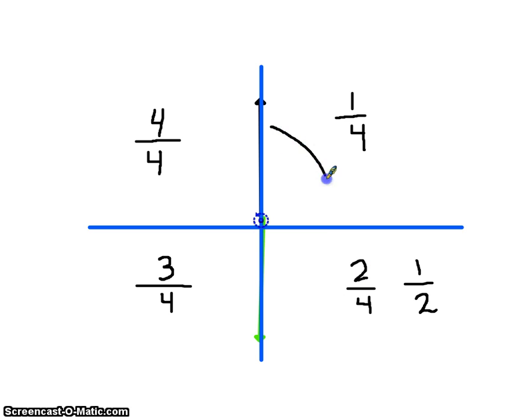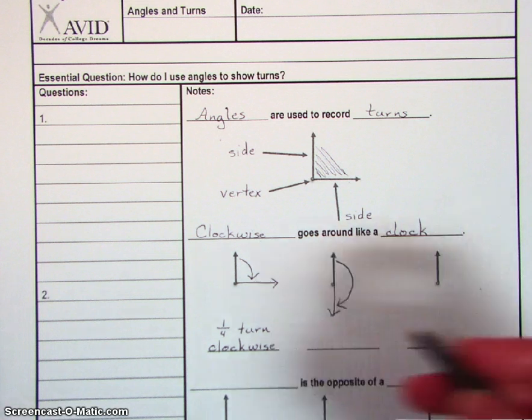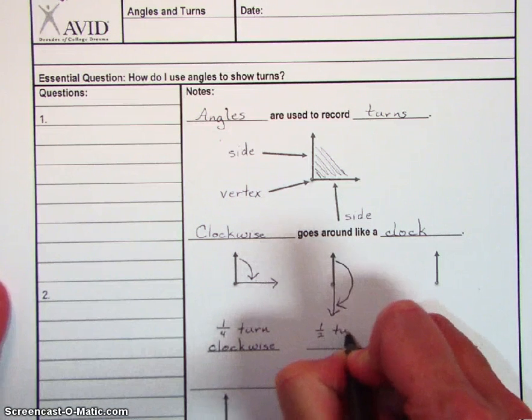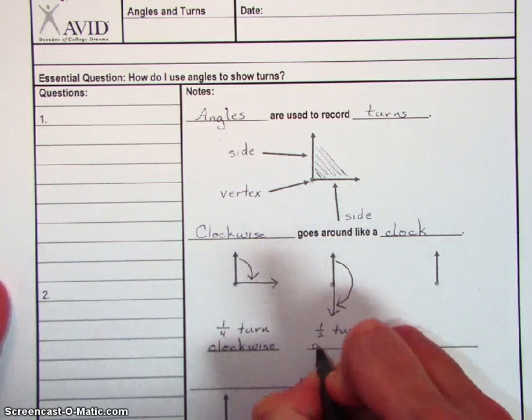So we went through 2 quarters. Or we could also say it was 1/2 turn clockwise. So let's write that on our paper. 1/2 turn clockwise.